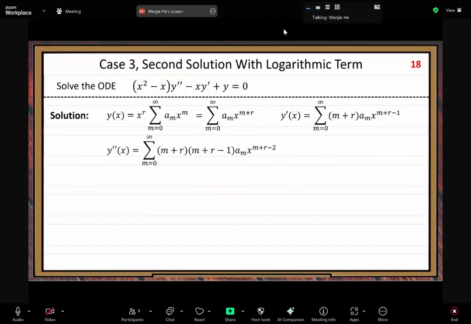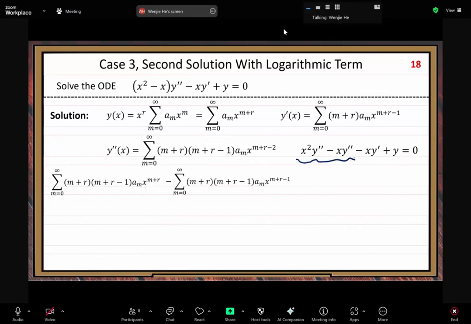But before we plug in, let's write the y double prime part in two separate terms. Then we can use our power series representation for each term. So 4 terms.